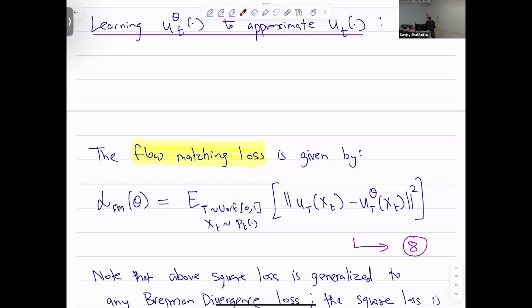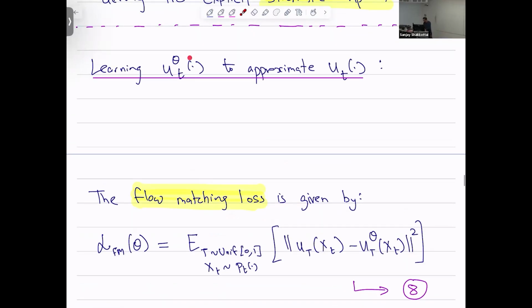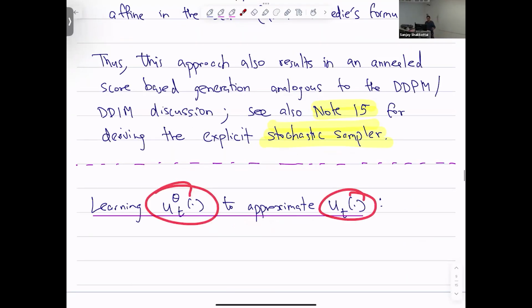So these folks define the flow matching loss. The flow matching loss is the following. Look at the squared error between, so pick a time at random, uniform between 0 and 1. Pick an x_t from the density p_t. Given this true velocity field, there is a density associated with it. How we'll implement it, we'll look at in a second.